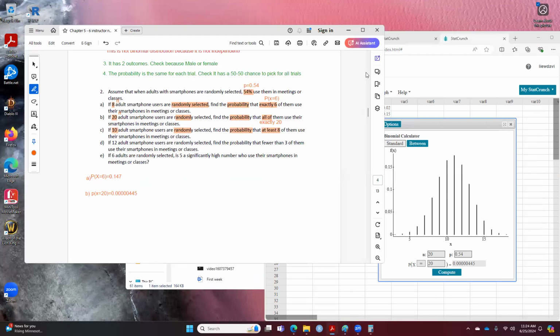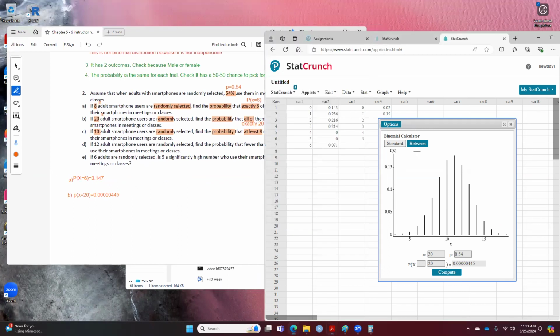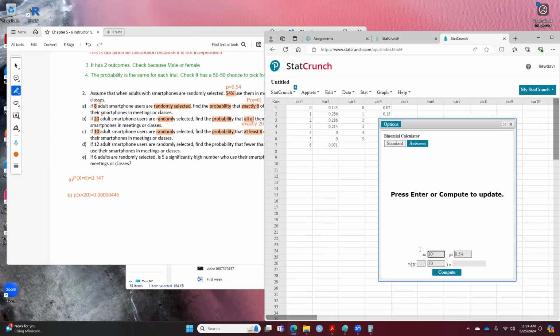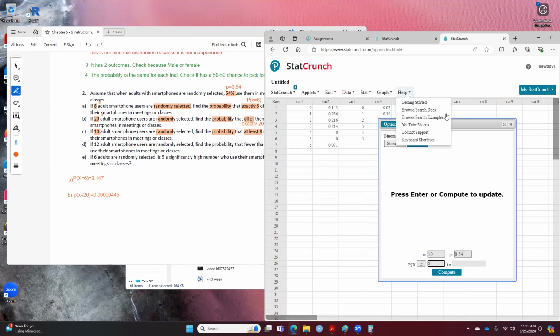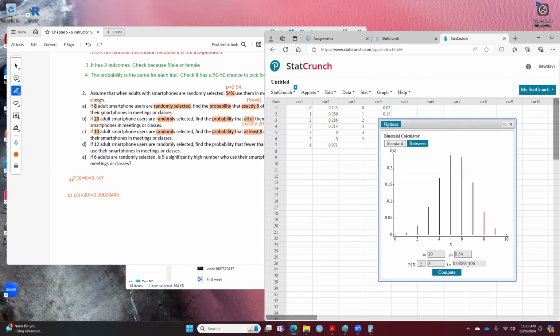So in this case, this is super important, class. If you use the wrong symbol, you get it wrong here. So n in this case is 10, and we're asking for at least 8. So you're going to do greater than or equal to 8. Okay, so this is the meaning of at least 8. So this is your answer in this case, 8 or more.